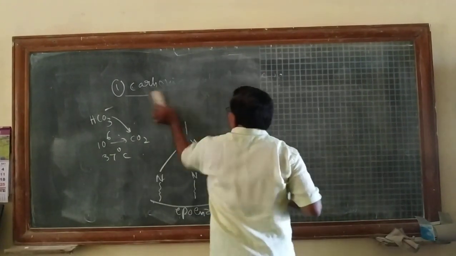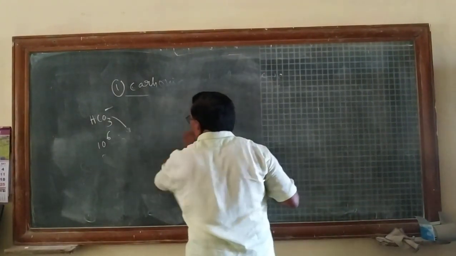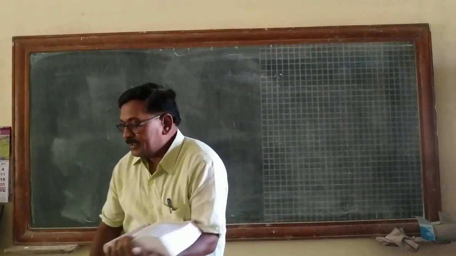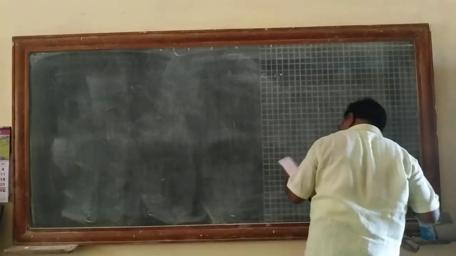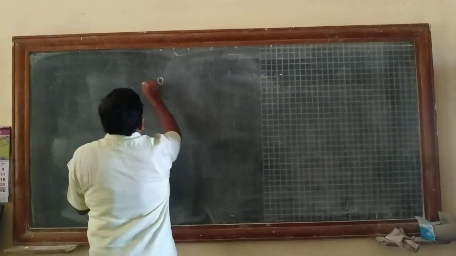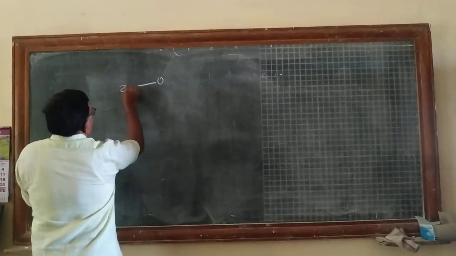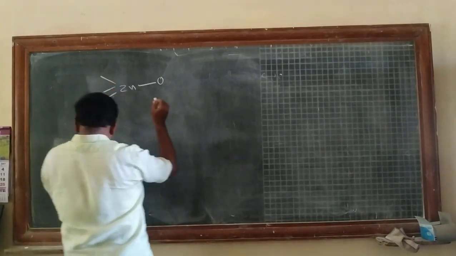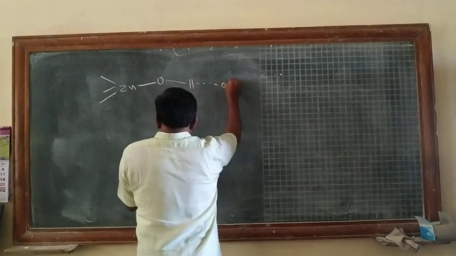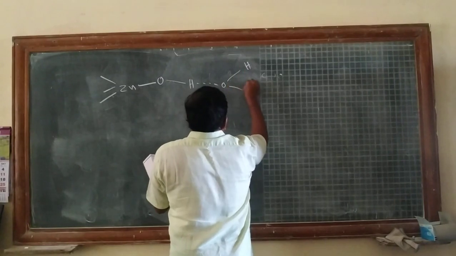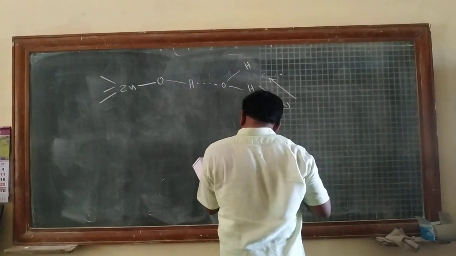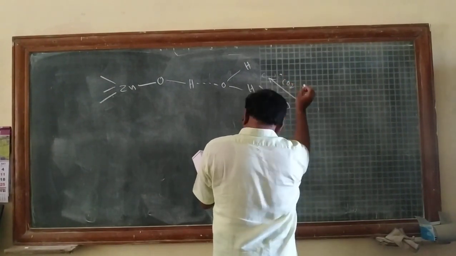Then the next is the structure of the carbonic acid. Here this is the zinc, with H, O, and this is the H, and this is the H. It will be a carbon dioxide.